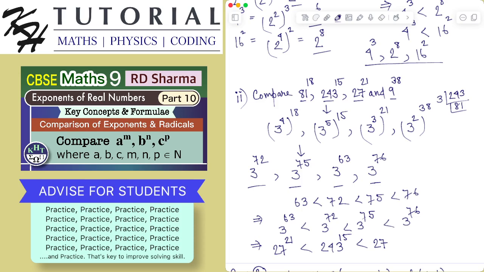3 raised to the power 63 was 27 to the power 21.